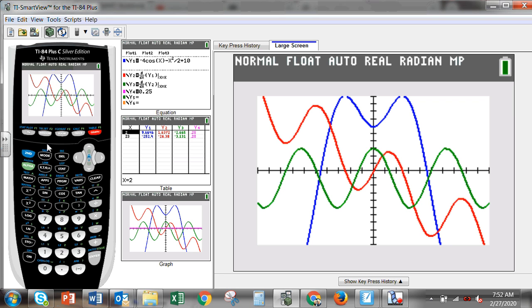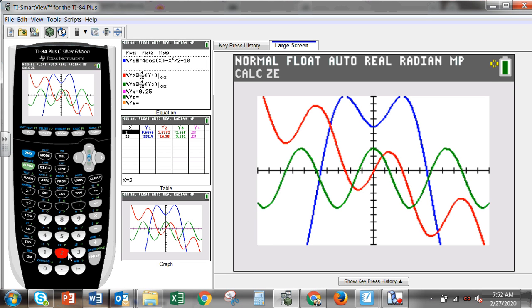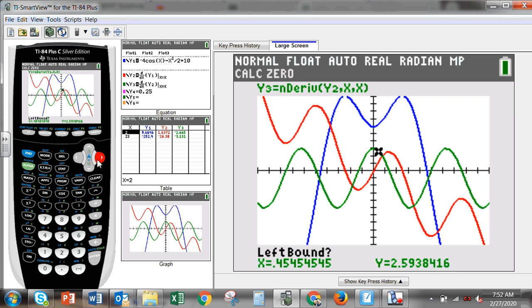So let's come back here and press second calculate, the zero, which is choice 2. I want to toggle between the functions. There you go. So left bound, hit enter, right bound, hit enter. Oh, that's not going to work, it's going to give me an error message.